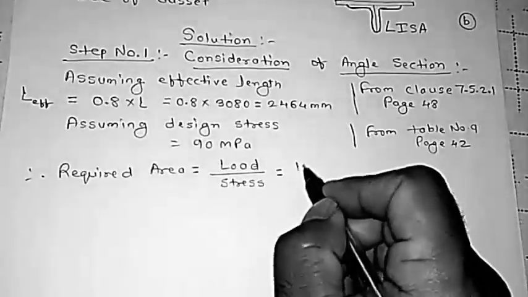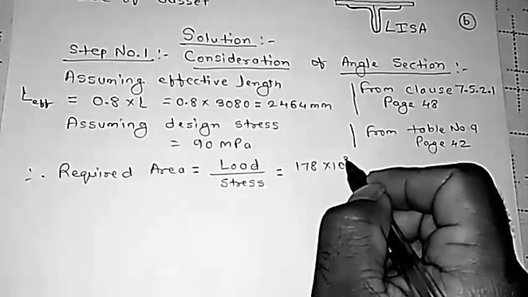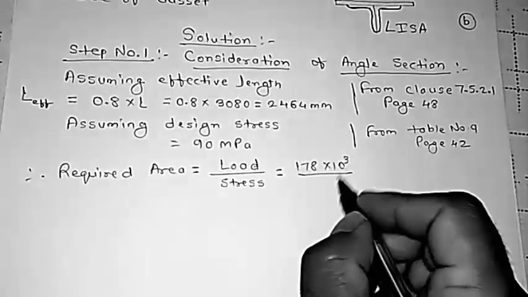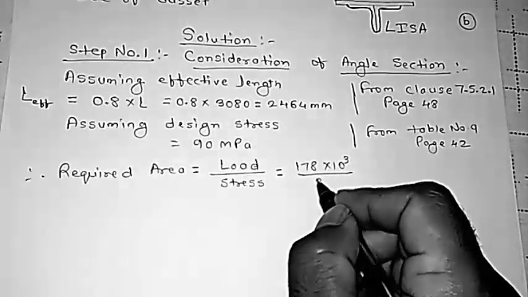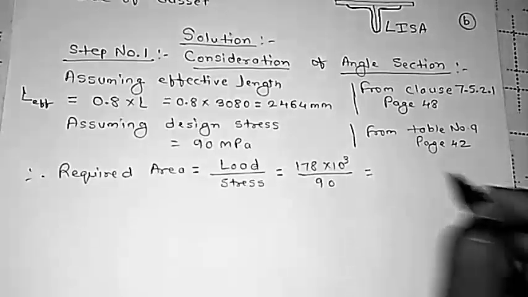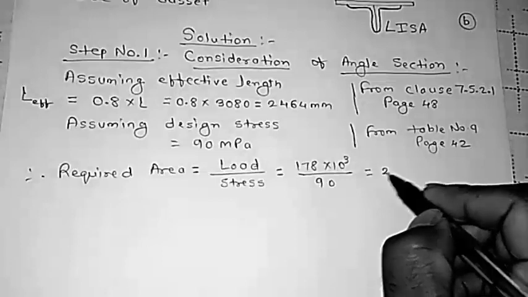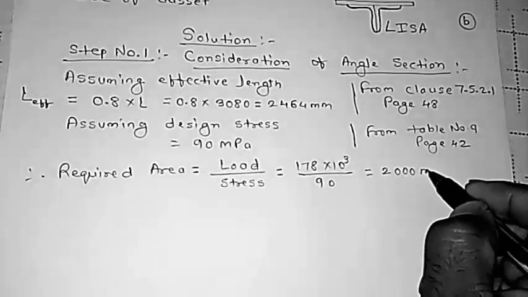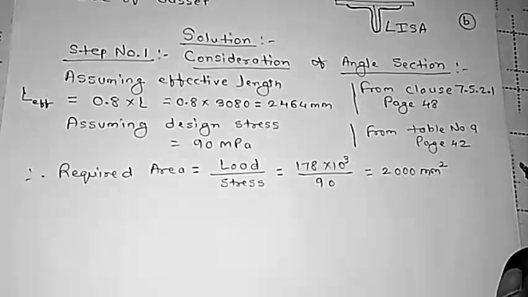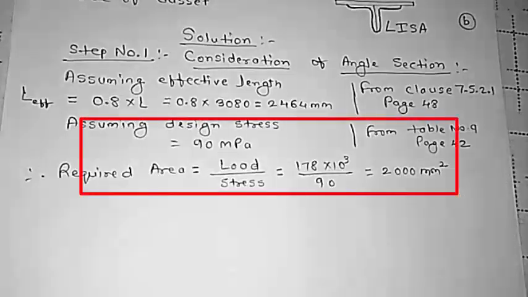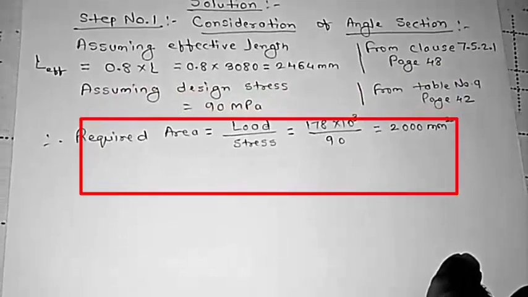So this is equal to 178 into 10 raised to the power 3 divided by 90 MPa. So here you will get it around 2000 mm square. So this is the total required area for both the double angle.